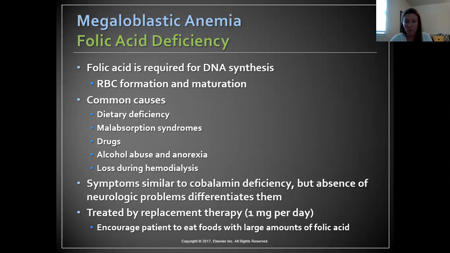Symptoms are the same as cobalamin deficiency with the absence of neurological deficits. In folic acid deficiency, the serum folate level is low with a normal serum cobalamin level. Replacement therapy is the treatment of choice. In patients with malabsorption states or chronic alcoholism, higher doses are required.